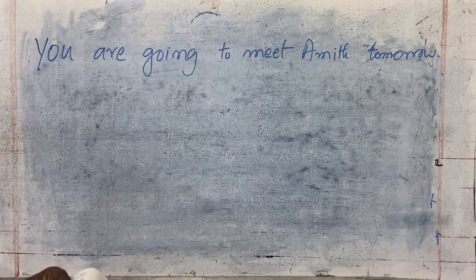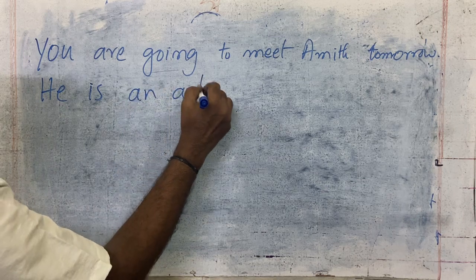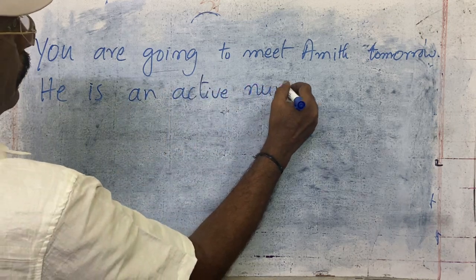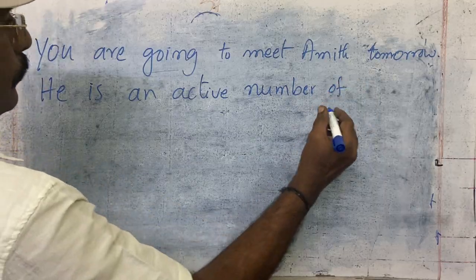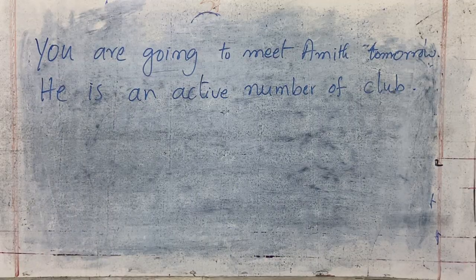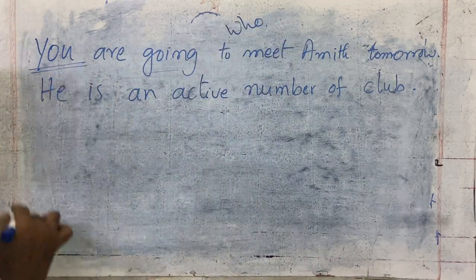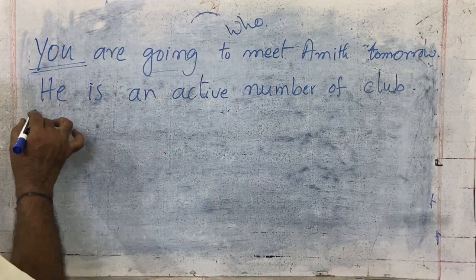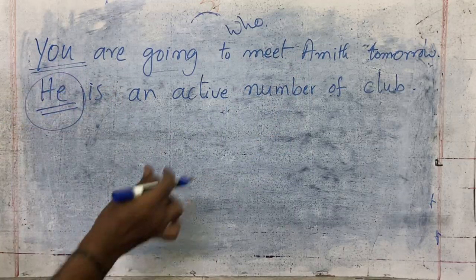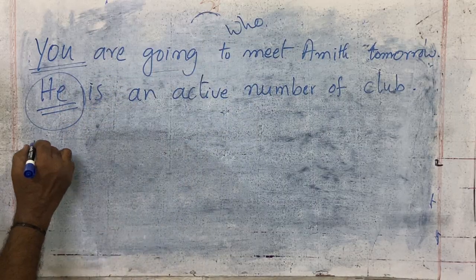He is an active member of our school's club. Club, it's enough, more is not needed. So here we are taking who. The subject: you are going to meet. Here Amit and he are both the same. So here only the relative pronoun is used.